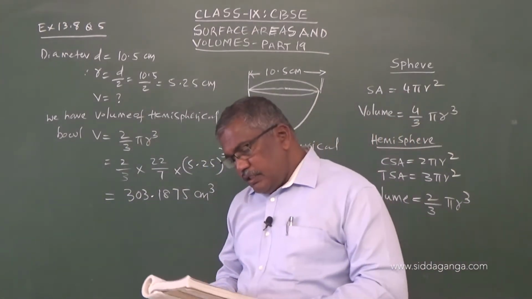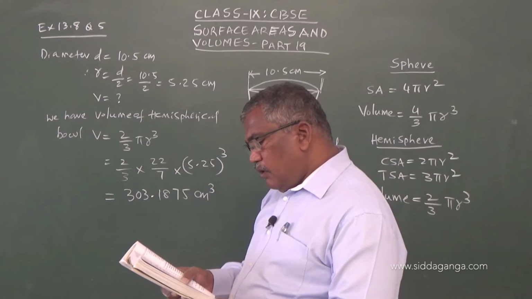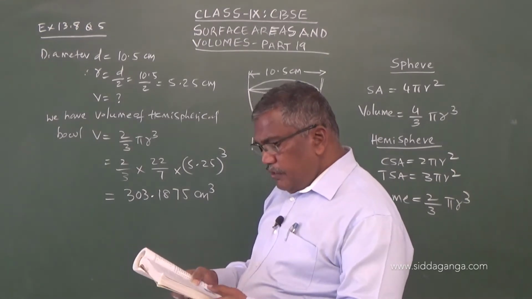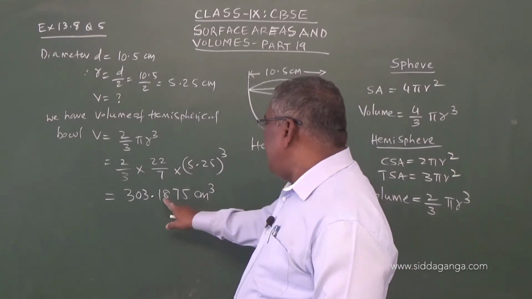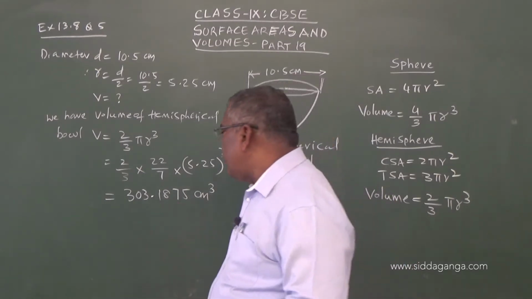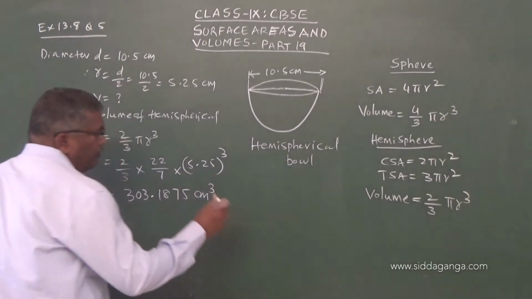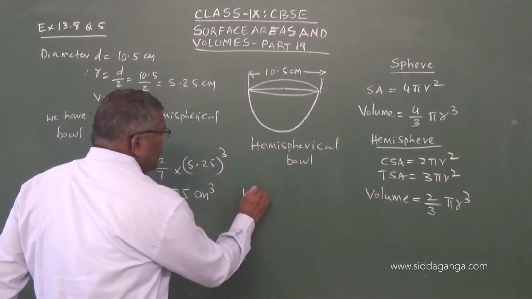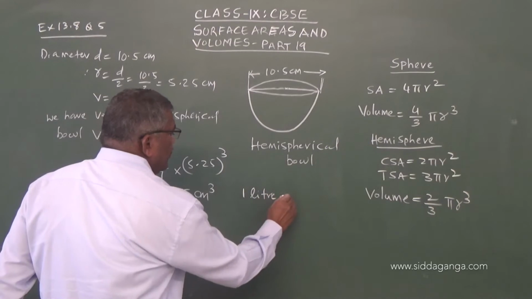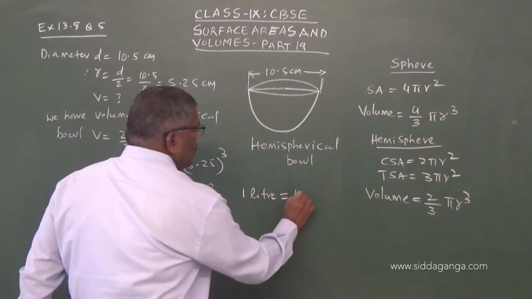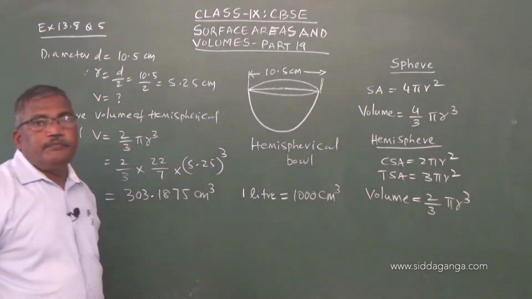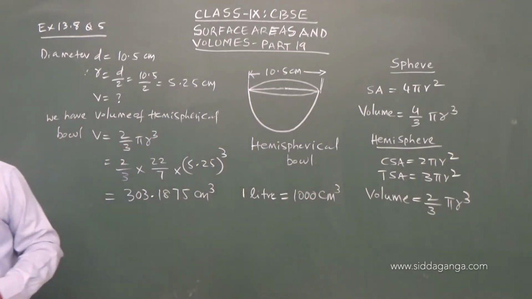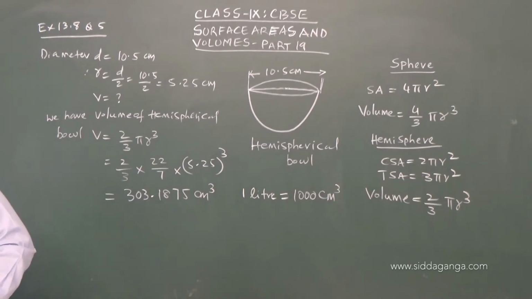The question is to find the volume, how many liters of milk? So they need it in liters. Keep in mind that 1 liter is equal to 1000 centimeter cube. So what we have to do is divide it by 1000.